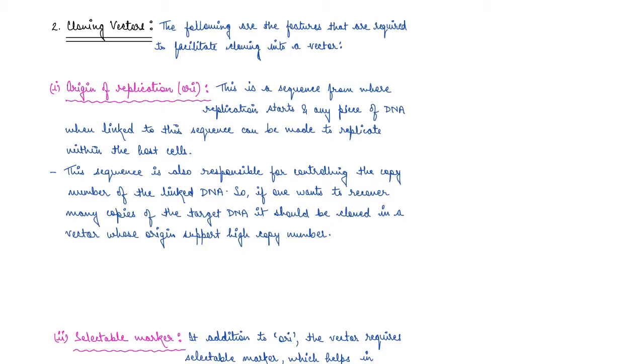In the case of plasmids, it is an extra chromosomal DNA, which is circular in shape. Another one is bacteriophages, where again you have extra chromosomal DNA. When they enter into another bacterial cell, they have the ability to replicate themselves independent of the control of that particular cell's chromosomal DNA.